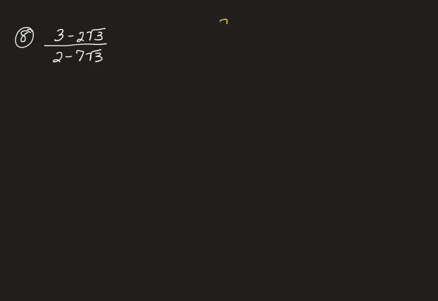I'm going to pull that denominator out to the side so I can rationalize it. Or at least do the multiplication I'm going to need to rationalize the denominator when I move back over there. Okay, I'm going to write the same first term, the same second term, but I am going to change the operation in the middle.